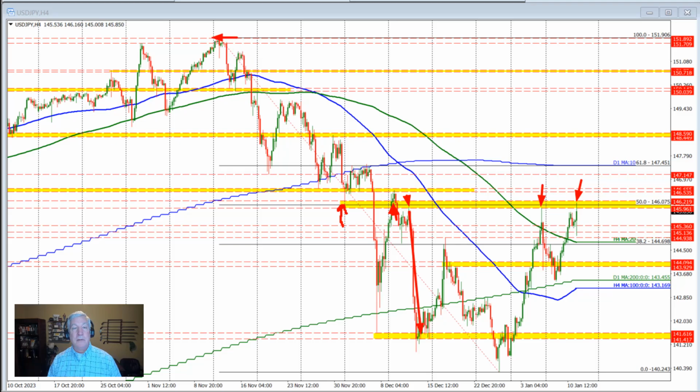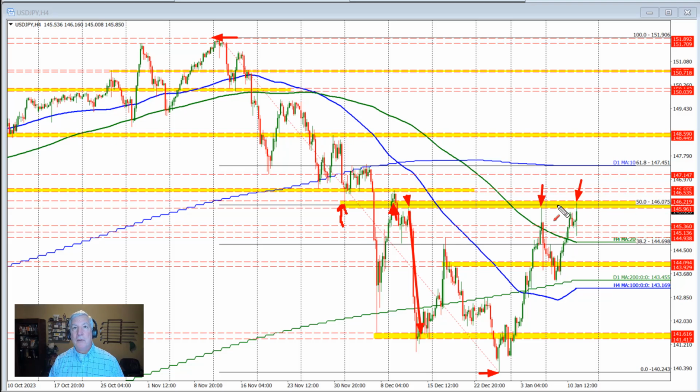It's also near the 50% retracement of the move down from the November high down to the December low. So all those things come into play right through here between 145.96 and 146.22 with the 50% at 146.07, and the high price moved just above that 07 level, in between the 07 and 22 level on the top side, before rotating back to the downside.